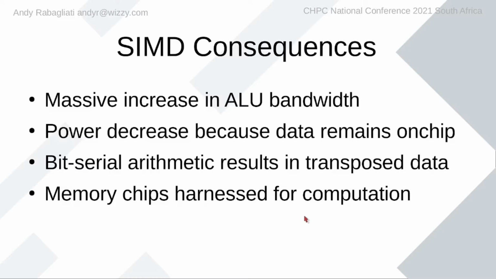The bit serial arithmetic that will be done because of the single bit CPU in the memory chips results in the data in the RAM being transposed. What this all is coming down to is that the memory chips themselves are being harnessed for the computation.